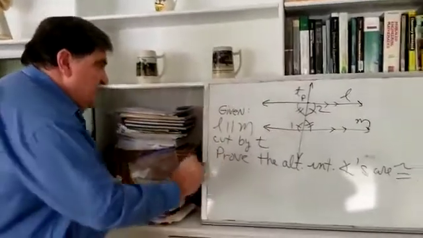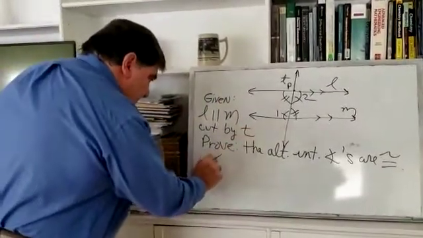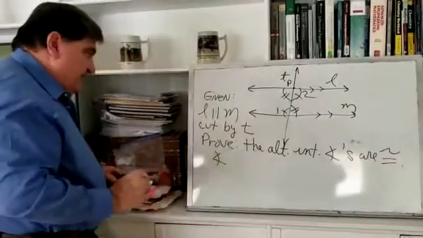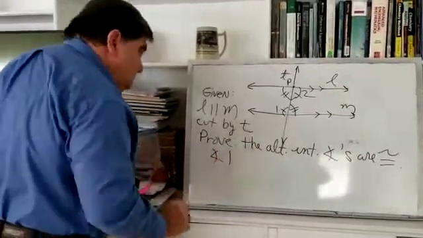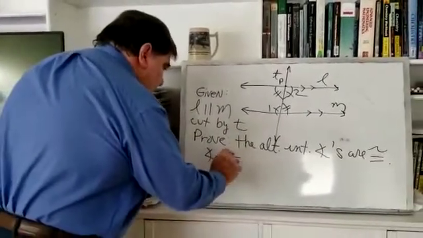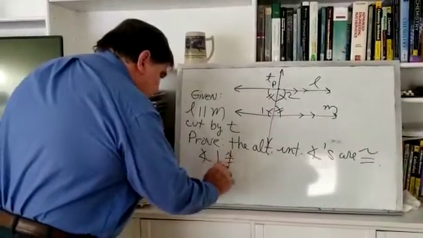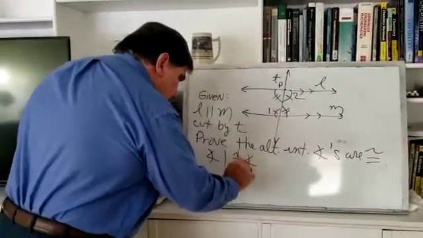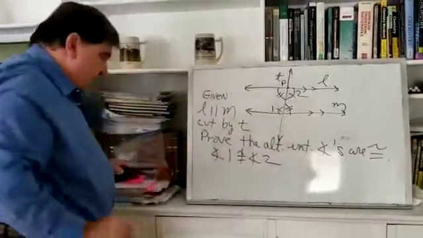So we'll say that angle 1 is not congruent to angle 2. Okay.